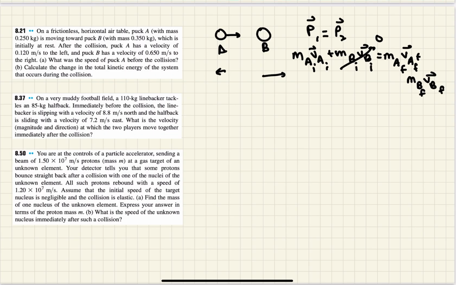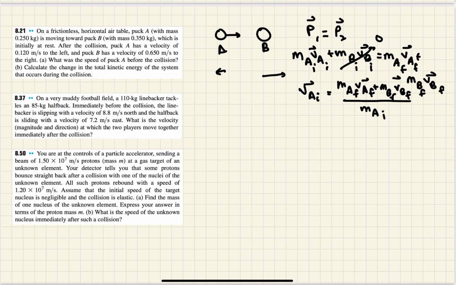What else can we do? Well, not much actually. We can just solve for VAI. That's what we want to solve for. And so you just have MAF VAF plus MBF VBF over MAI. Again, did not plan this out very well. So that's a very simple formula. Just plug everything in. We know all of this.